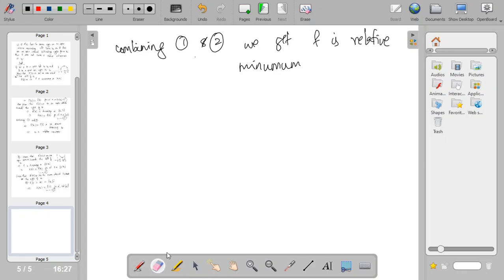So f has a relative minimum at x naught.